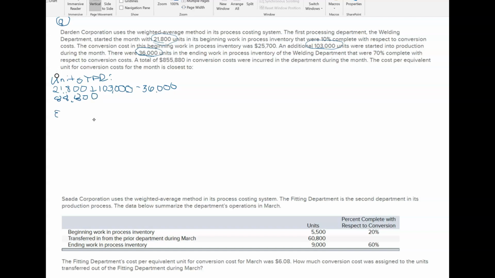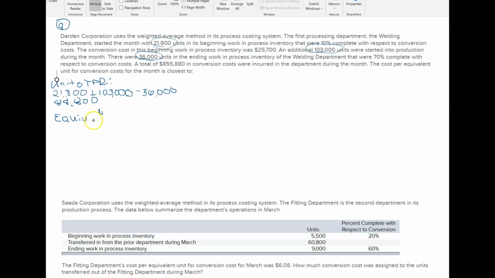Then we need to calculate the equivalent units. The equivalent units are going to be the units transferred plus the ending inventory percentage.